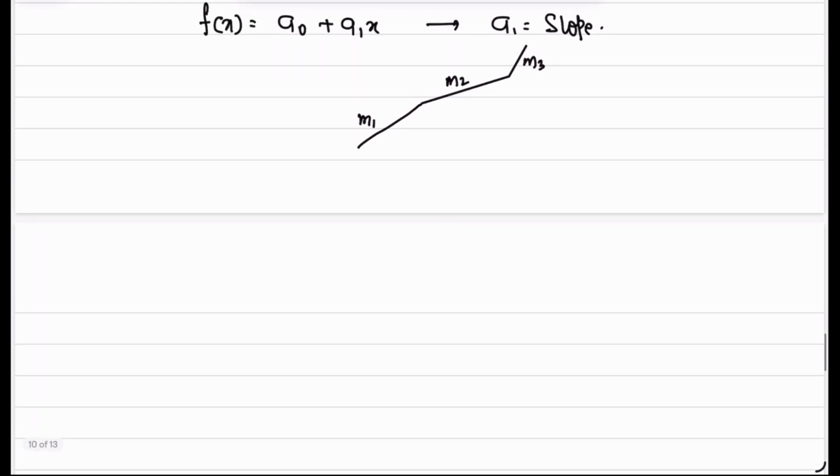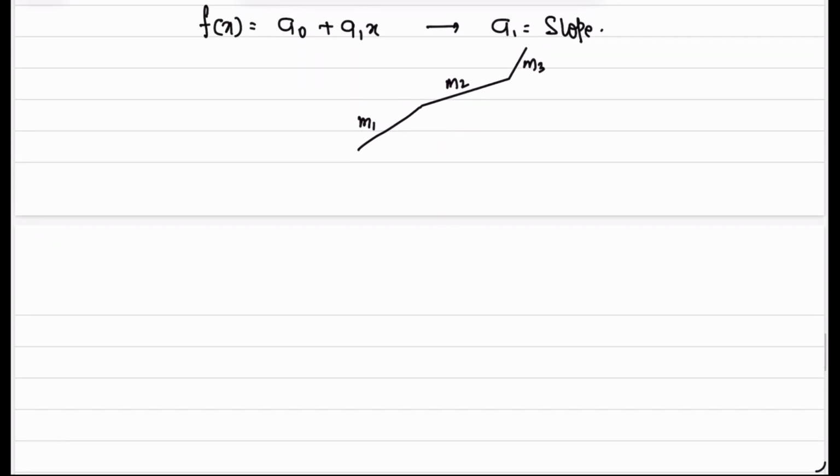If some straight line is like this, and another straight line is like this, another straight line is like this, this is having a slope of m1, this is having a slope of m2, this is having a slope of m3. All the three straight lines are different. You please try to understand.